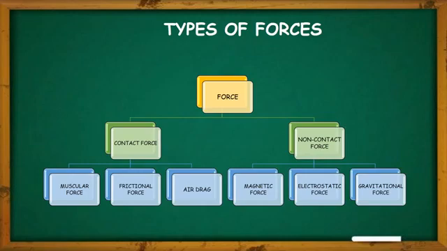You can find either an attractive force or a repulsive force between them. Then gravitational force. Gravitational force is always an attractive force. Suppose I throw a ball and it comes back to the earth's surface. Why? Because due to the gravitational pull of the earth, it is dragging the ball towards it.